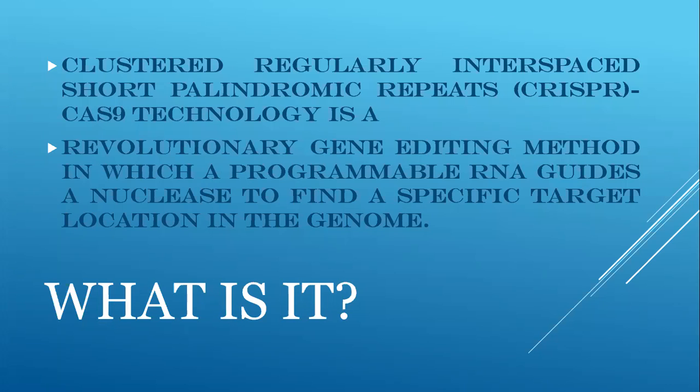The full form of CRISPR is clustered regularly interspaced short palindromic repeats, and it is accompanied by an enzyme called Cas9. It's a revolutionary gene editing technology in which a programmable RNA guides a nuclease to find a specific target location in the genome.